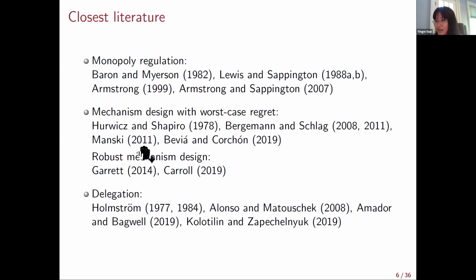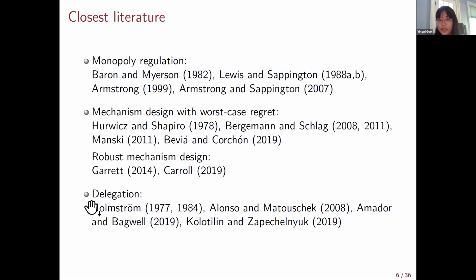So this is very relevant for the ongoing pandemic. And Bhavy and Kotrun is about contest design under worst case regret. We differ in the sense that we look at monopoly regulation. We are also closely related to the paper by Daniel, which is about cost-based procurement when there is a monopoly supplier.